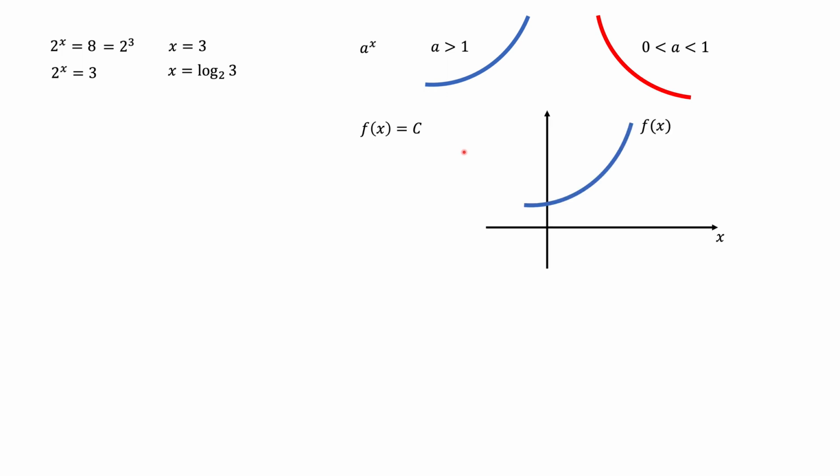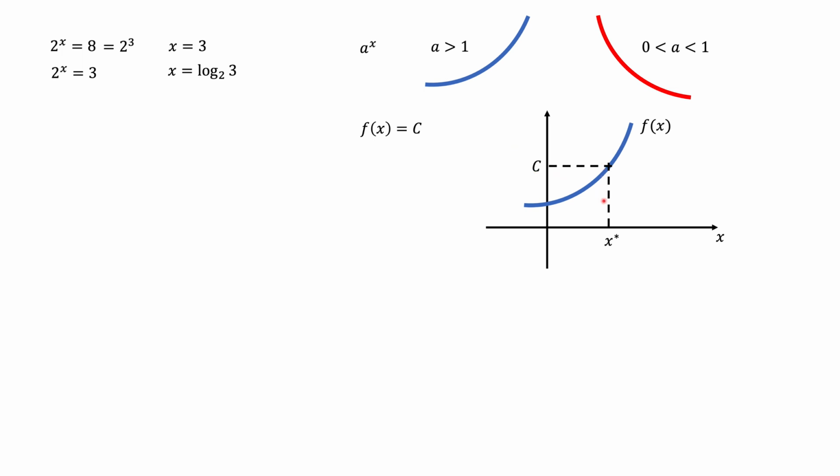Well, let's consider a case when f is a monotonically increasing function. The same proof can be applied when f is monotonically decreasing. So let's have this function monotonically increasing, and let's assume that this equation is satisfied when x equals x star. At that point, f of x star equals c.